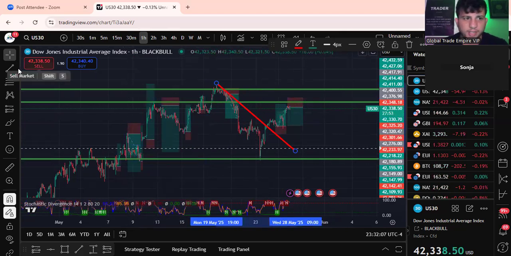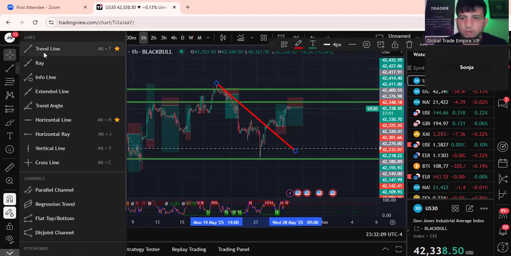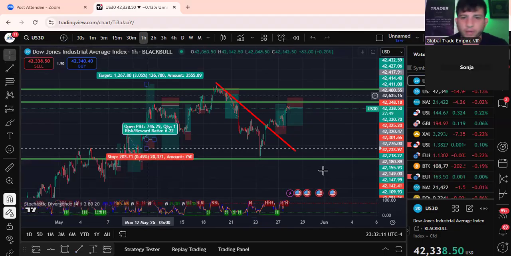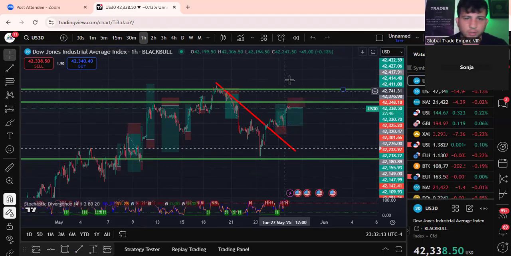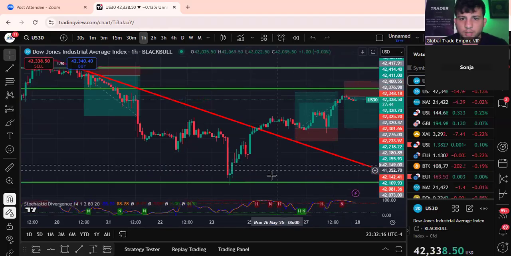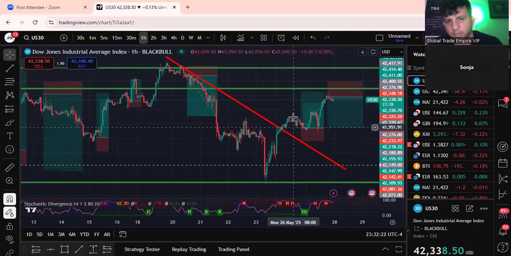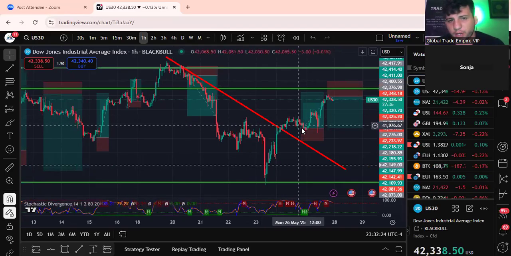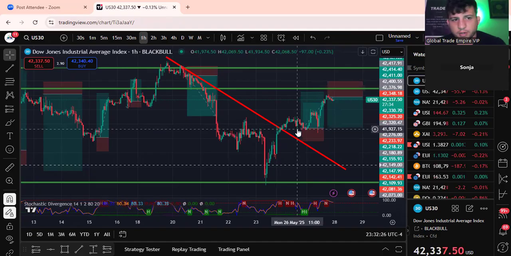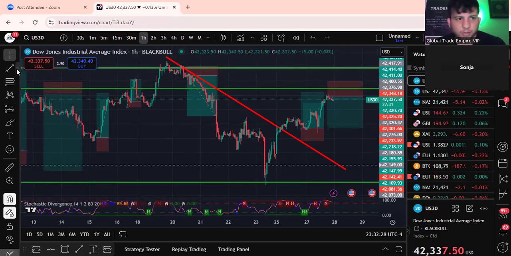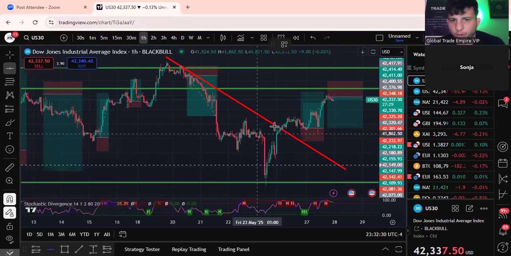So where did you get on the trade last night? Last night I got in right here. Let me zoom in so you can see. Price was consolidating right here, trying to figure out which way to go. Price dropped down into here, and it was almost at a new support area.